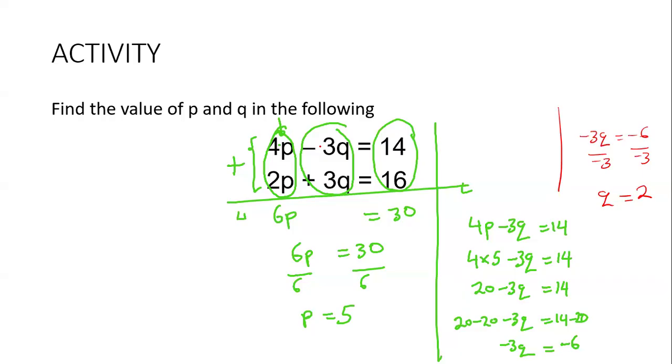We do that to ensure that they have the same coefficients. But the moment you look at your equation and notice that the coefficients are the same, you just continue eliminating. That's why we went directly, because here the coefficient was the same. There's no need for you to multiply.